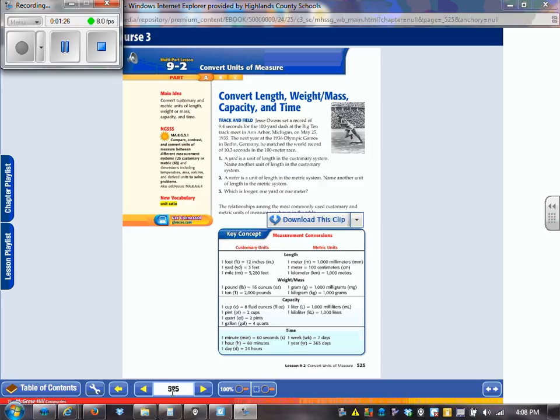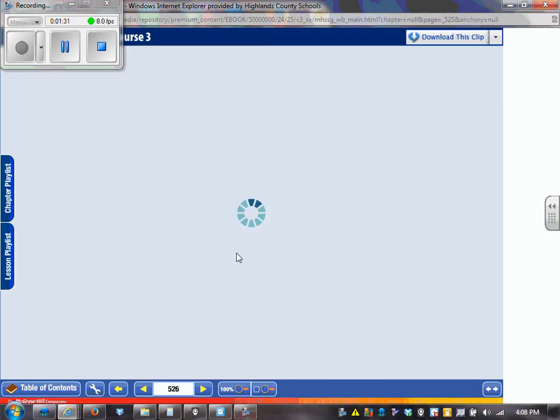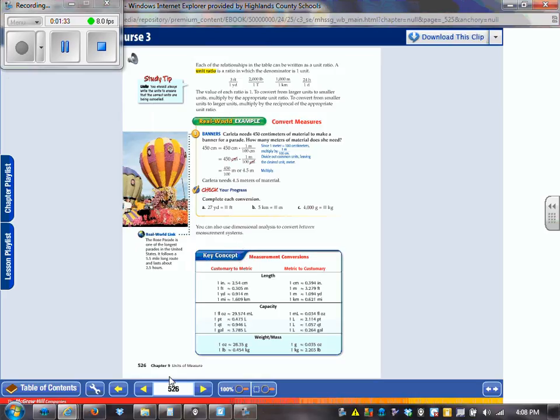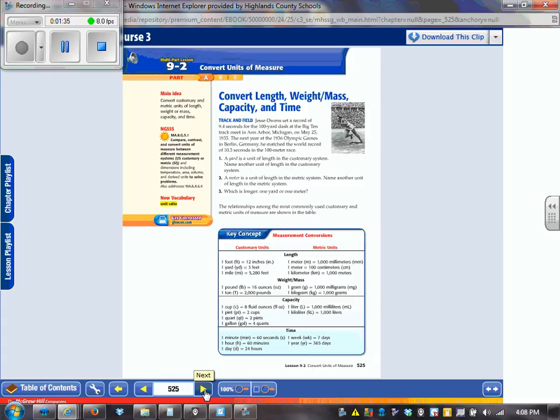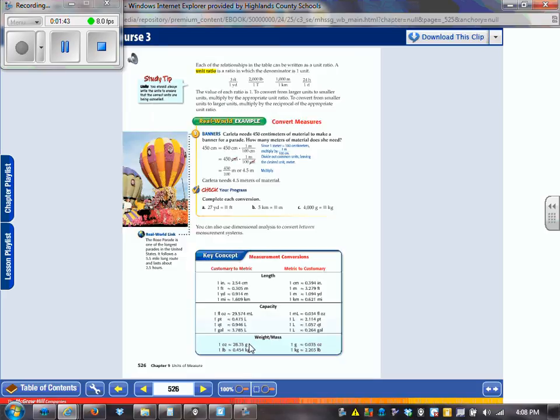Here on page 225 in your textbook, we do see a couple of measurement conversion charts. Do not use these charts. I explained in class today that even though these charts have lots of different, very precise conversions, I don't want you to use them because some conversions on these charts are not on your reference sheet.